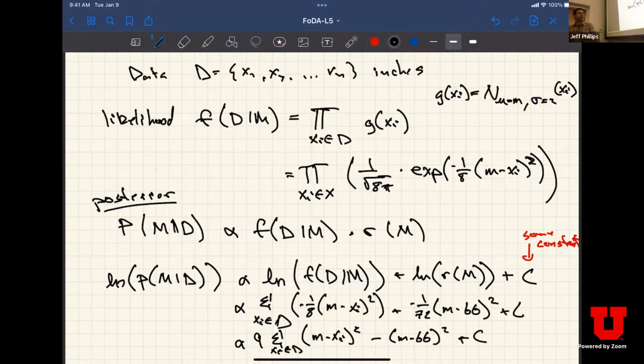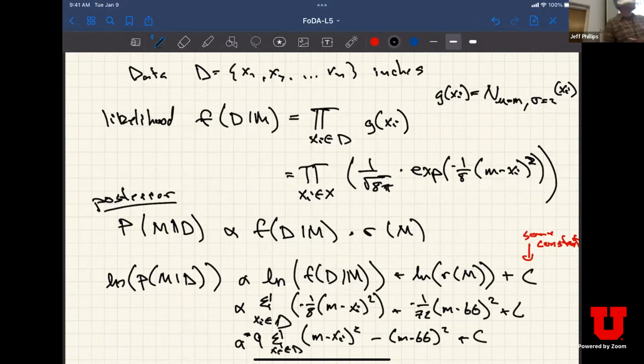There's a minus 9 in front here. Again, I want to maximize. The value of writing proportional to is I didn't have to keep writing the arg max everywhere. Now I can take the arg max of this expression at the end.